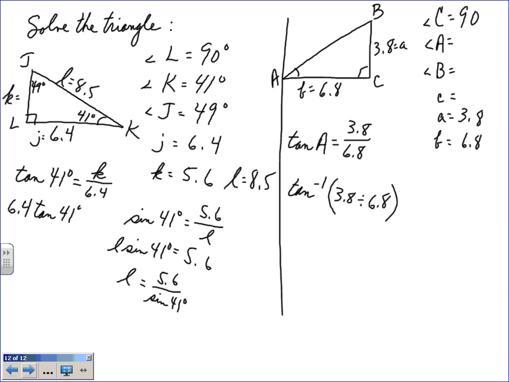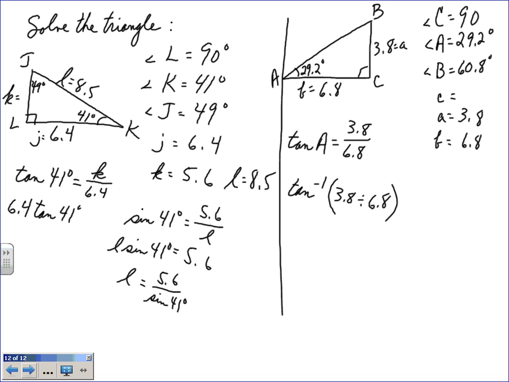And it gives us, let's round that to the nearest tenth, 29.2 degrees. So that gives us the measure of angle A at approximately 29.2 degrees. That means that angle B is going to be 60.8 degrees. Whatever adds up to 90 degrees there, right?